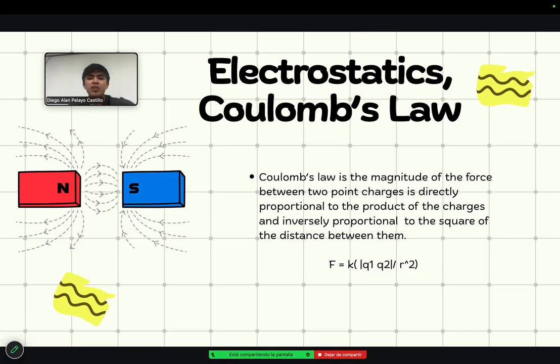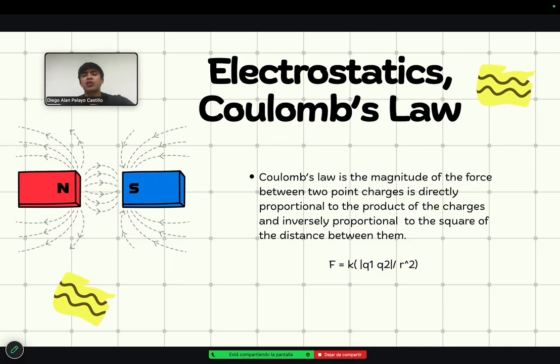A way to interpret this law is that it's similar to gravity, because they both follow this inverse square relationship. However, gravity is always attractive, but electrostatic force can be either attractive or repulsive depending on the charges. As we know, opposite charges attract while like charges repel.